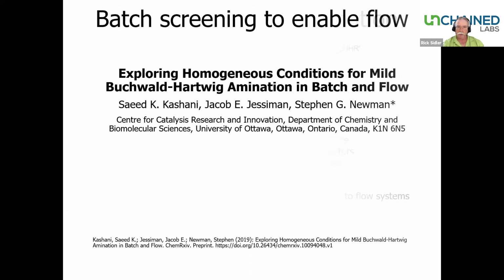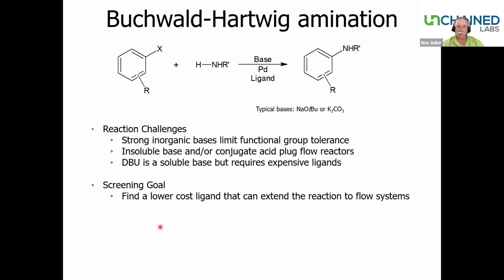The Buchwald-Hartwig amination is a very common reaction in organic synthesis. It's used to couple aryl halides with amines to give aminated products. There are a couple of challenges, though, around these reactions. Most commonly, the reactions use strong organic or inorganic bases, and these materials limit tolerance of various functional groups.